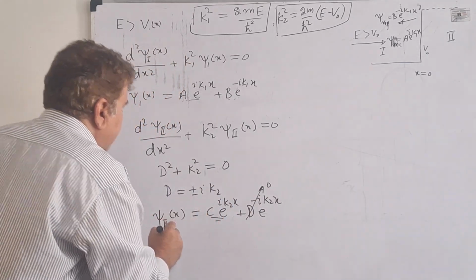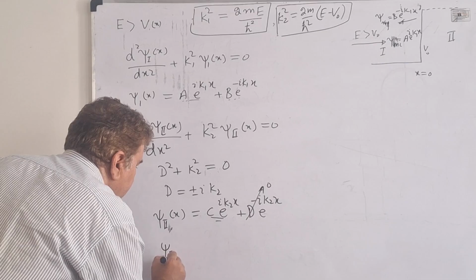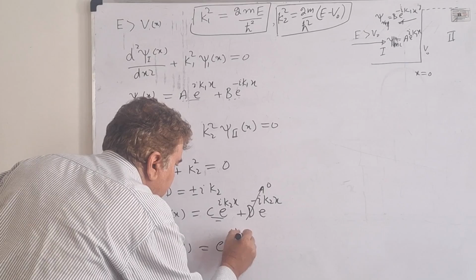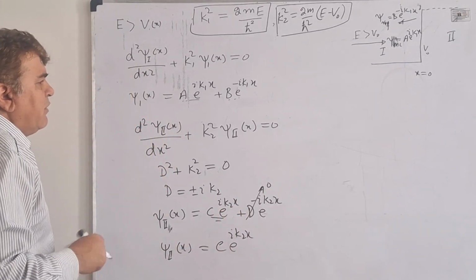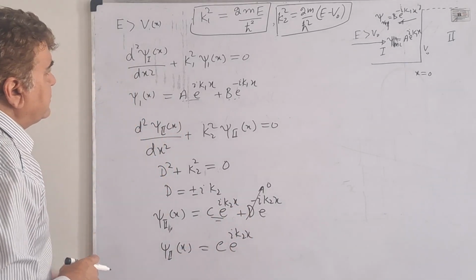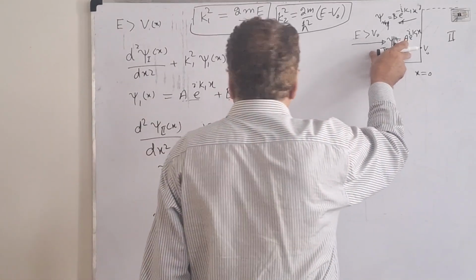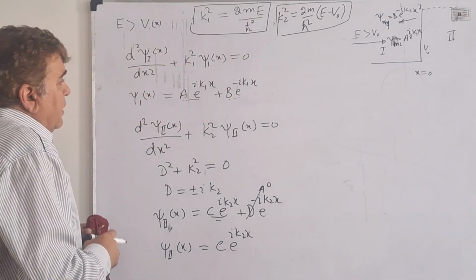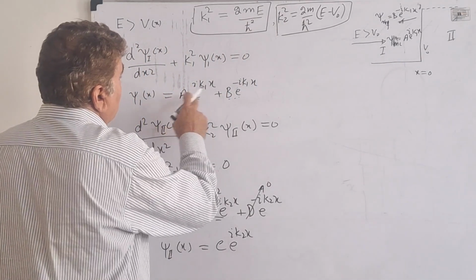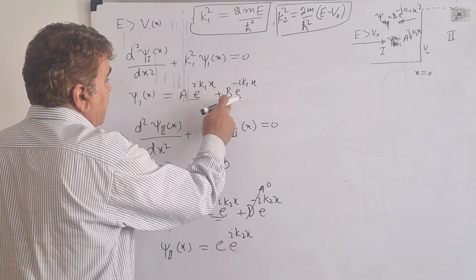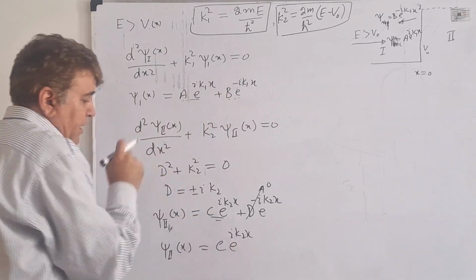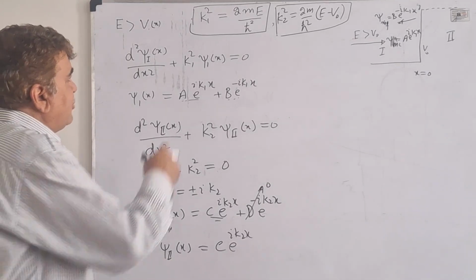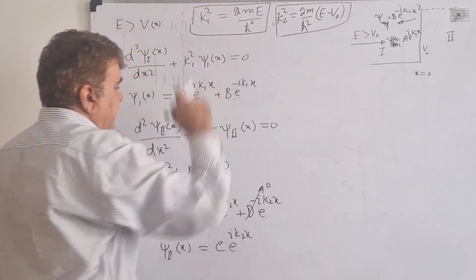That allows me to write psi 2 of x as C times exponent i k2 x. So now we have two solutions, one defining the dynamics in region 1 and the other defining the dynamics in region 2. Both contain unknown parameters, unknown probability amplitudes A, B, and C. So we need to fix the values of A, B, and C in terms of the energy parameters k1 and k2.